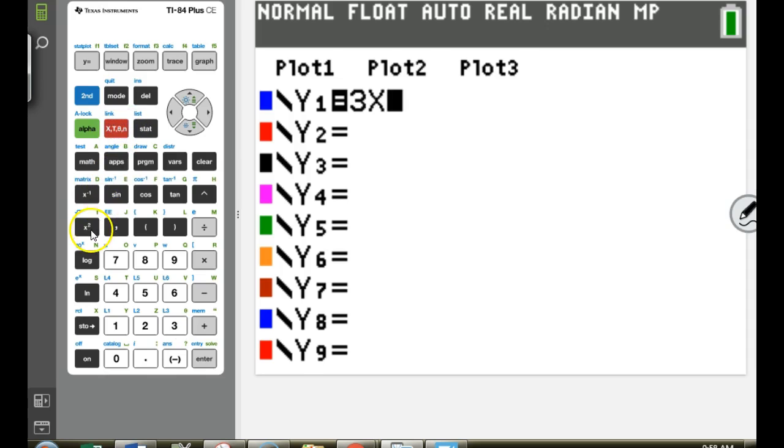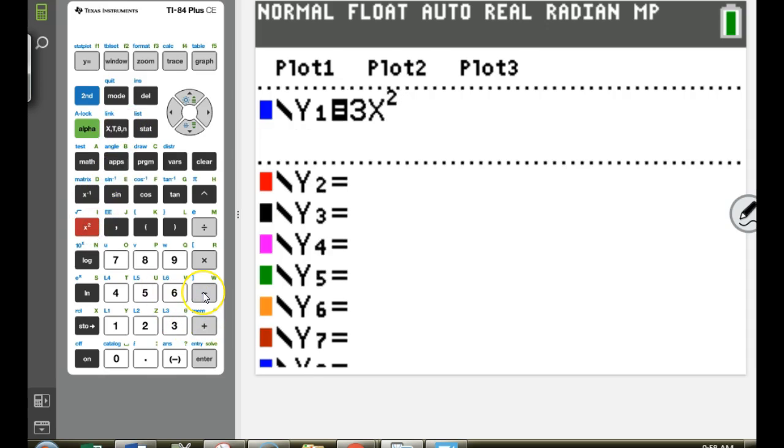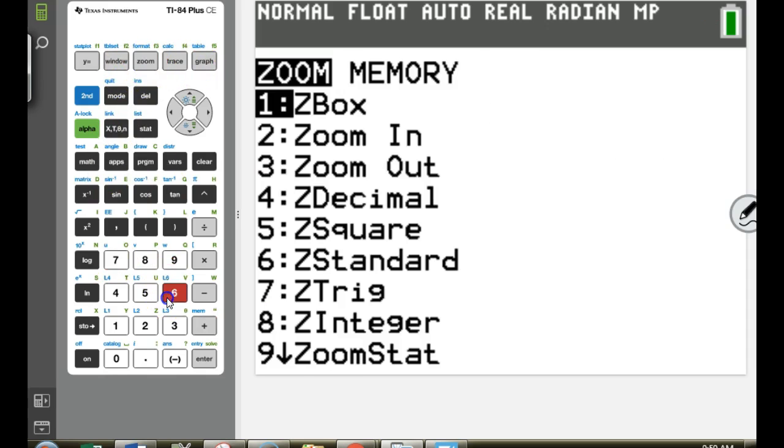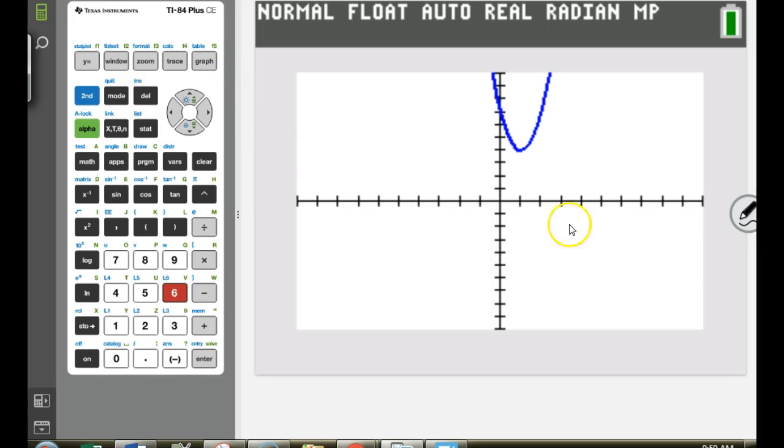What are we looking for if we want domain and range? The vertex? Yes? You get it? You need the vertex?